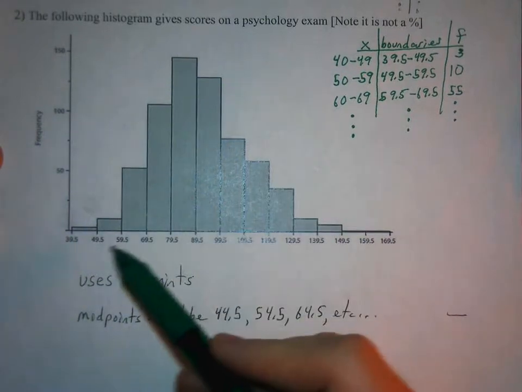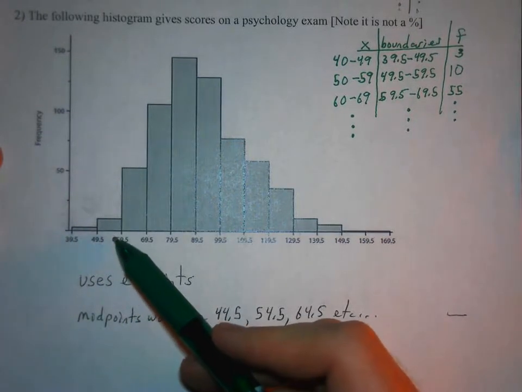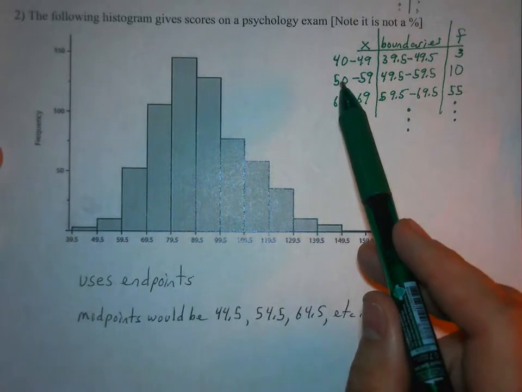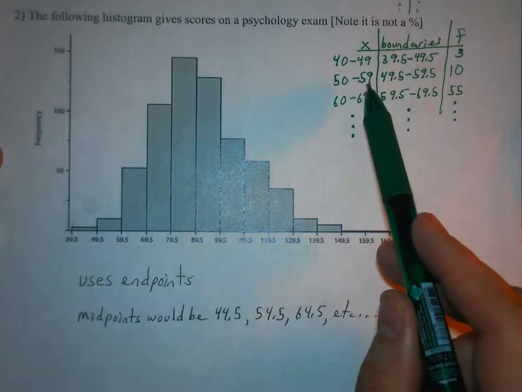The next interval, 49.5 to 59.5, would hold anybody who scored between 50 and 59 on the exam.